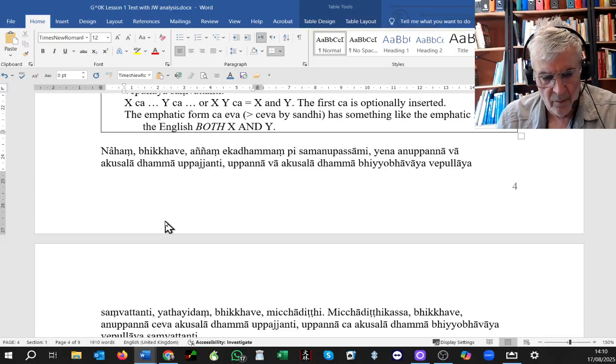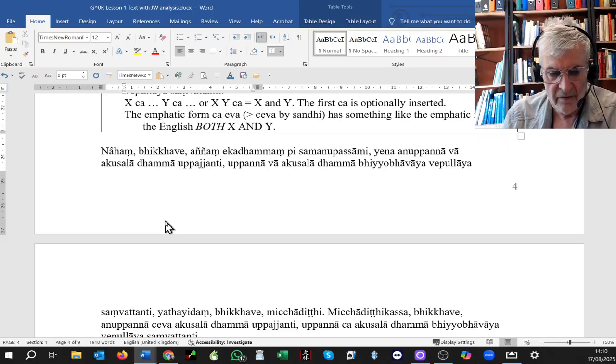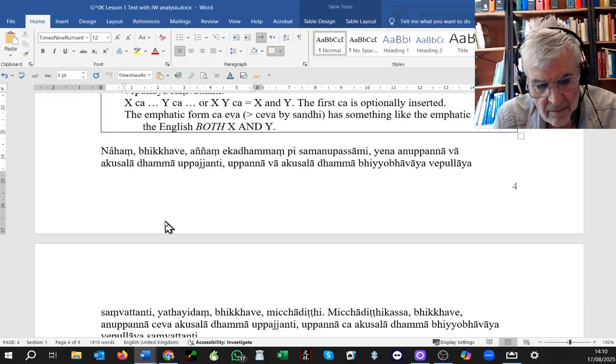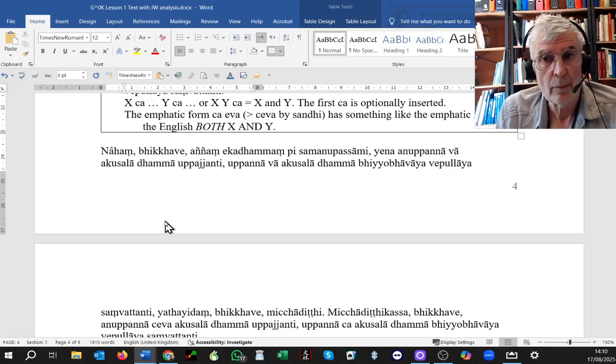Now, almost all of the material in this sentence we have already done in the earlier readings in this lesson. So, naham bhikkhave annam ekadhammampi samanupassami.